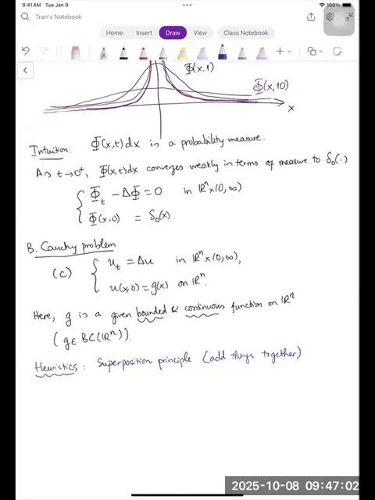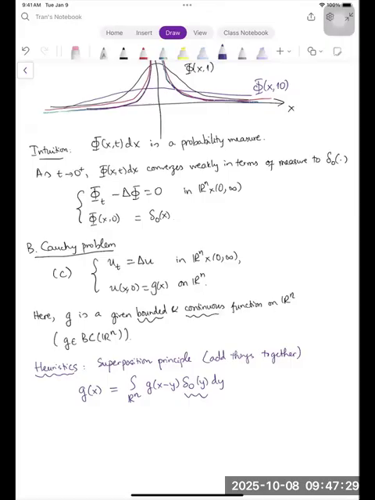So this is heuristics, but it's a good guiding principle that g(x) is nothing but the integral over R^n of g(x minus y) delta_0(y) dy. Again, this is wrong because delta_0 is not a function, it's a probability measure, but you can see that delta_0 puts all of its mass at y equal to 0.